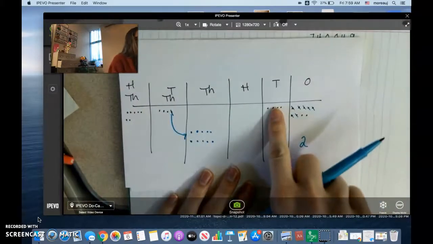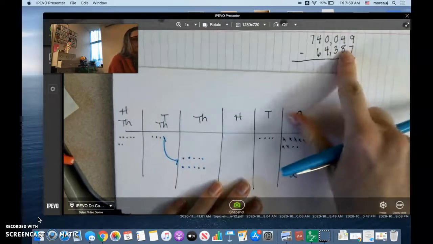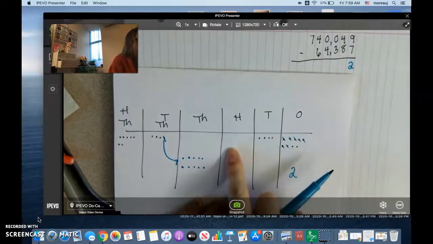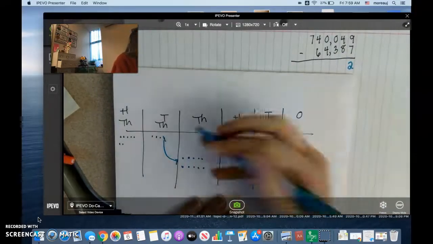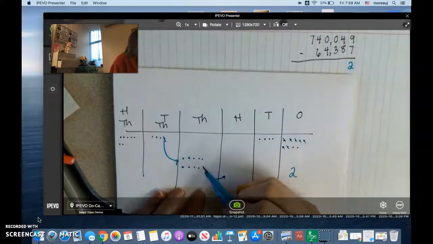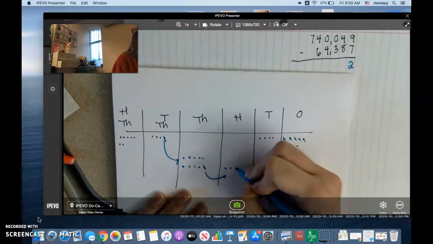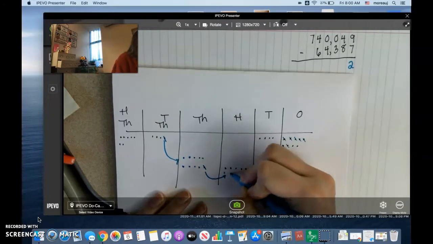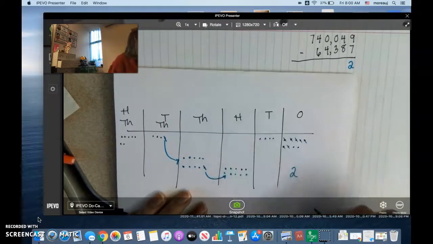Wait a second, I still can't take this 8 away. So I move over to my hundreds, into my thousands. I can decompose this 1,000 now to 10 hundreds. Okay.